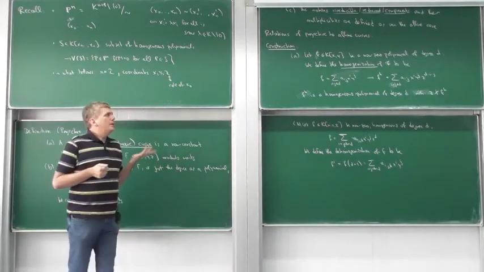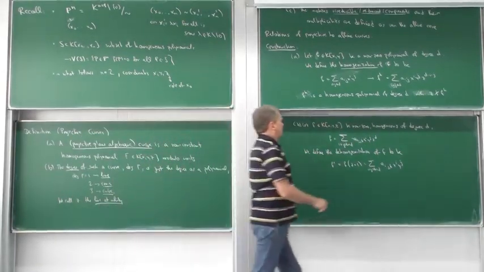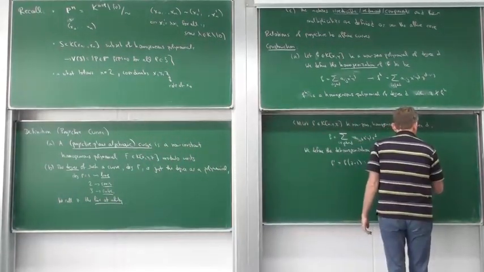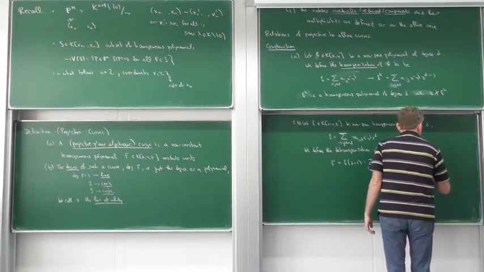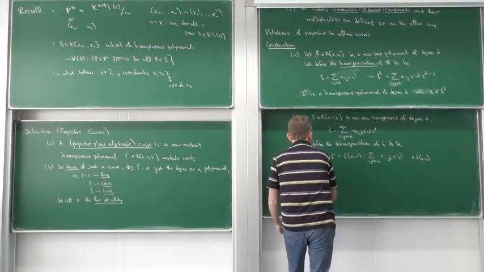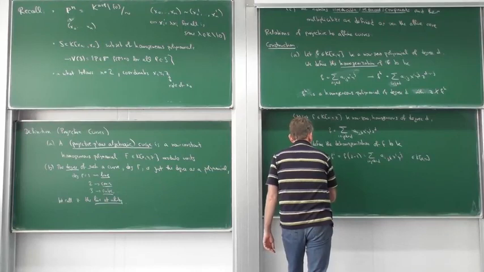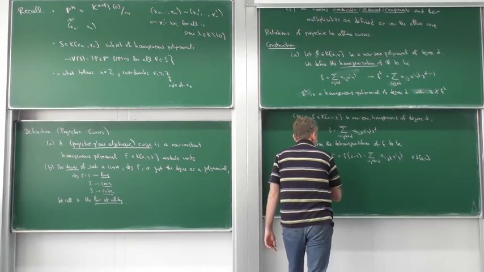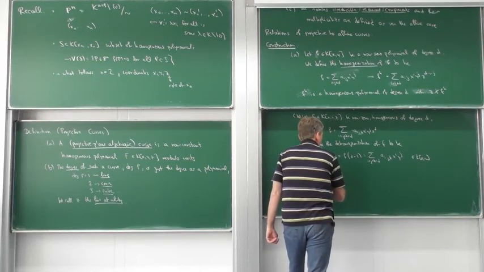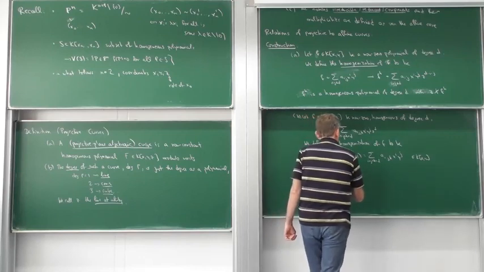So that's now an inhomogeneous polynomial in two variables. So f^i in general will be inhomogeneous in two variables.